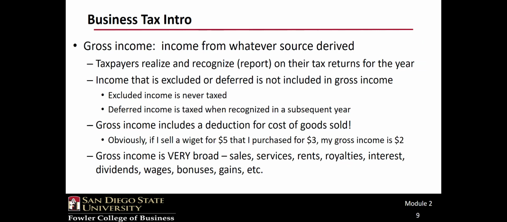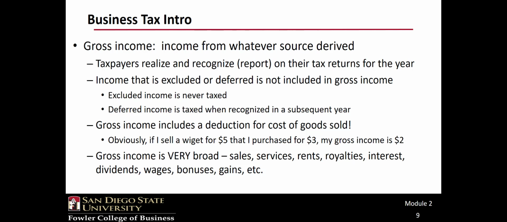So if the two parts of business income are gross income and deductions, we better cover both. Let's start with gross income. Gross income is defined as income from whatever source. This is a very broad definition, and it's meant to be. Under tax rules, all income is taxable unless it is excluded or deferred, and it has to be under some special provision.